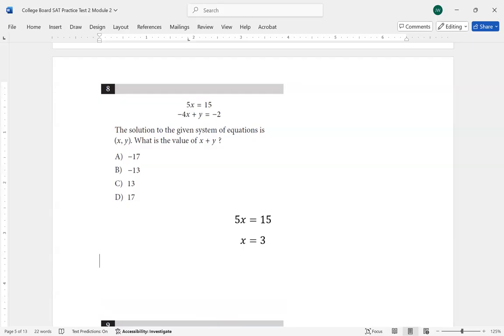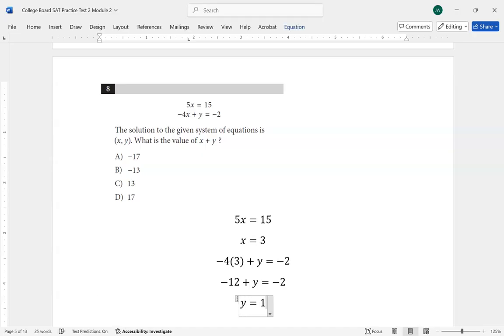Once I know that the x value is supposed to be 3, I can plug that into the other equation and figure out what the y value is. So I'm going to take -4 times x plus y, and I'll replace the x with a 3. That gives me -12 plus y is equal to -2. Adding 12 to both sides gives me a y value of 10.